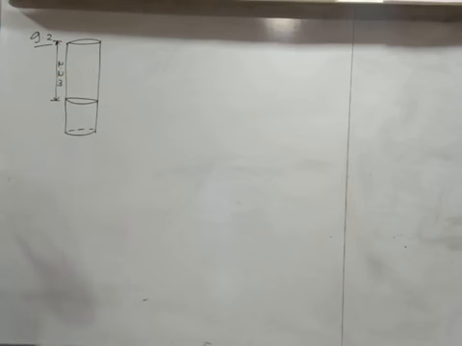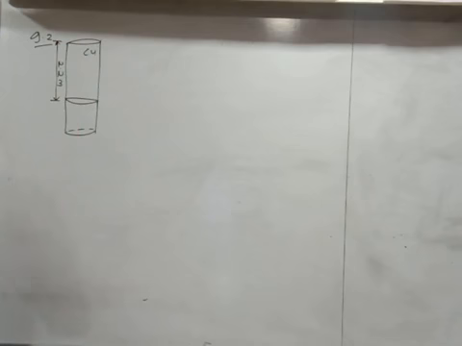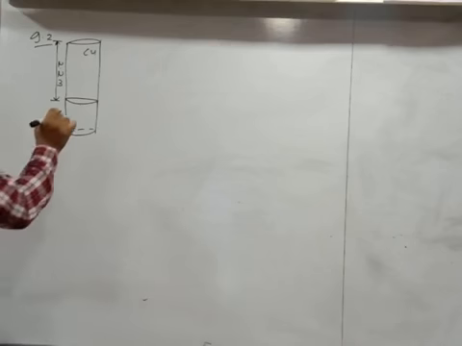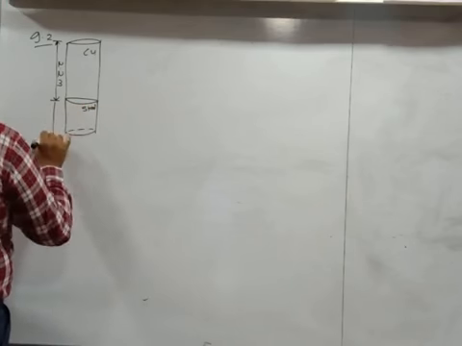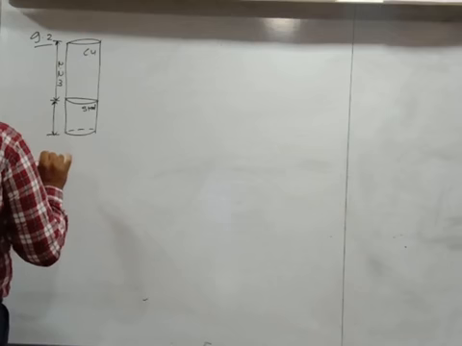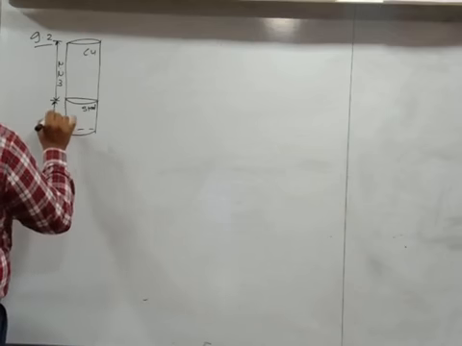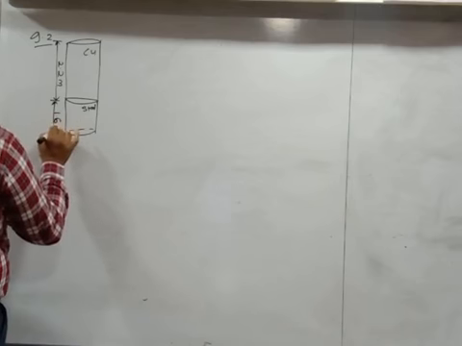It is 2.2 meter, and this is copper wire. This is copper wire and steel wire. This is your steel wire, and it is given the length of 1.6 meter. So let us say this is 1.6 meter.